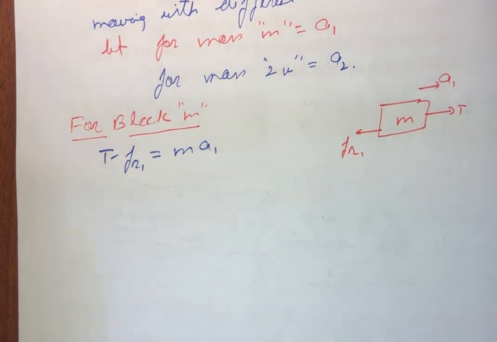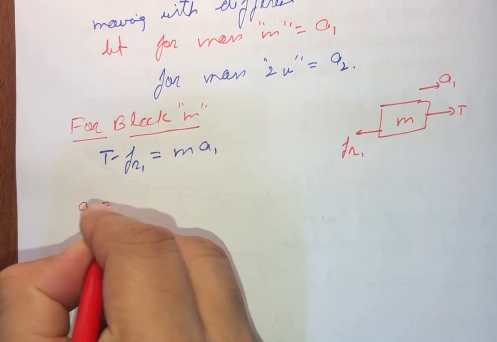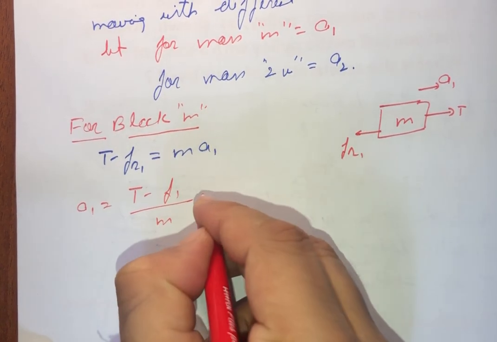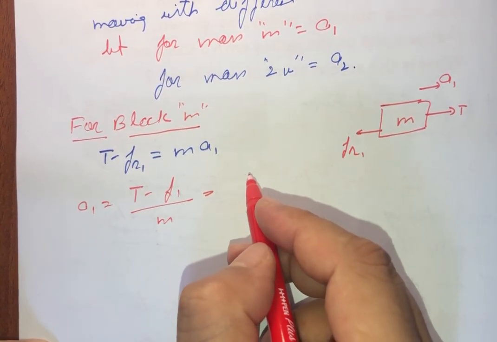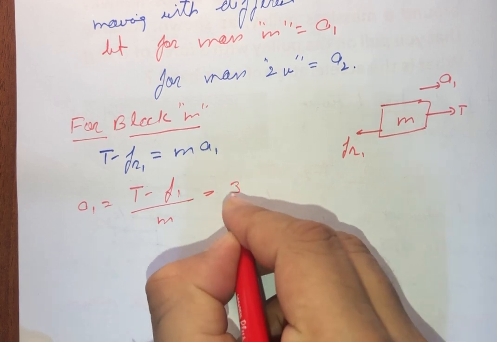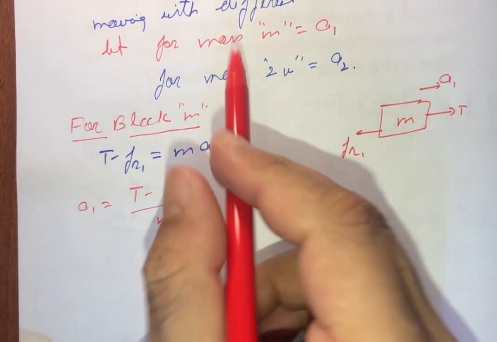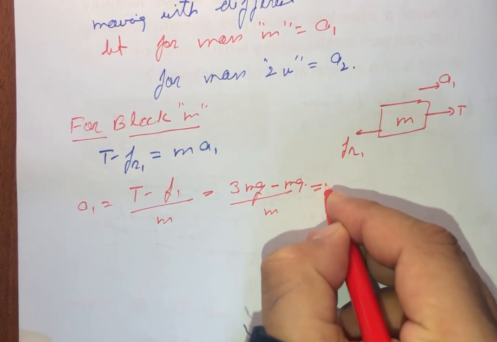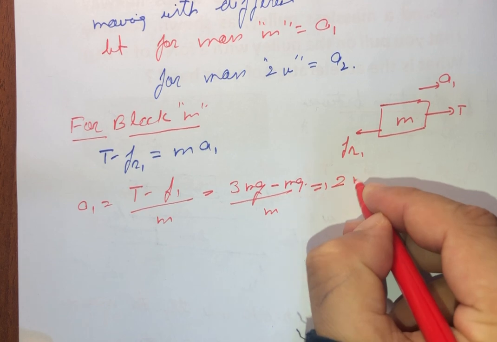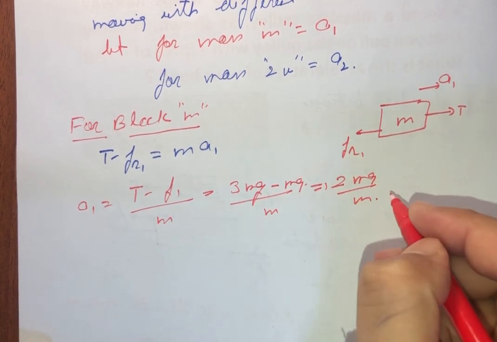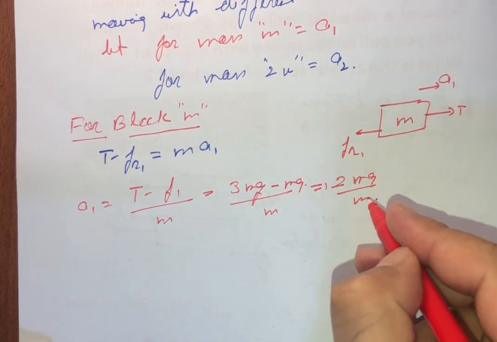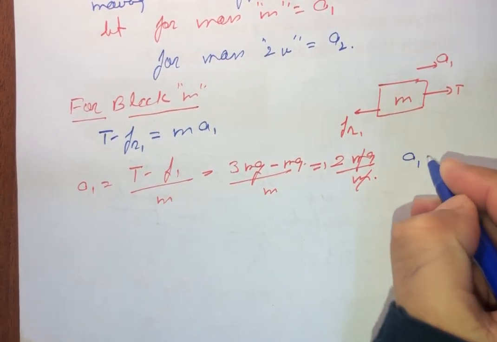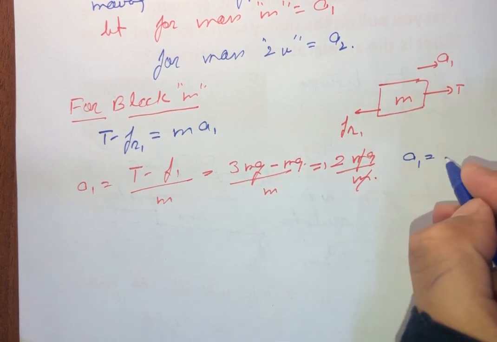And we can say A1 will be equal to T minus FR1 divided by M. Value of T is equal to 3 mg and FR1 is mg divided by M. So we have this equal to 2 mg divided by M. M and M cancels out. So we have acceleration of mass M is equal to 2g.